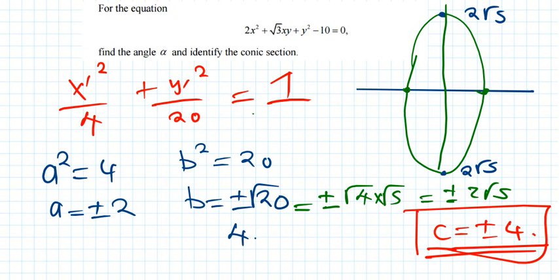So this part is going to represent the vertices, so -2 and 2, and then the foci, which is going to be the inside part, the y values as well are going to be represented by the 4, so 4 and -4.